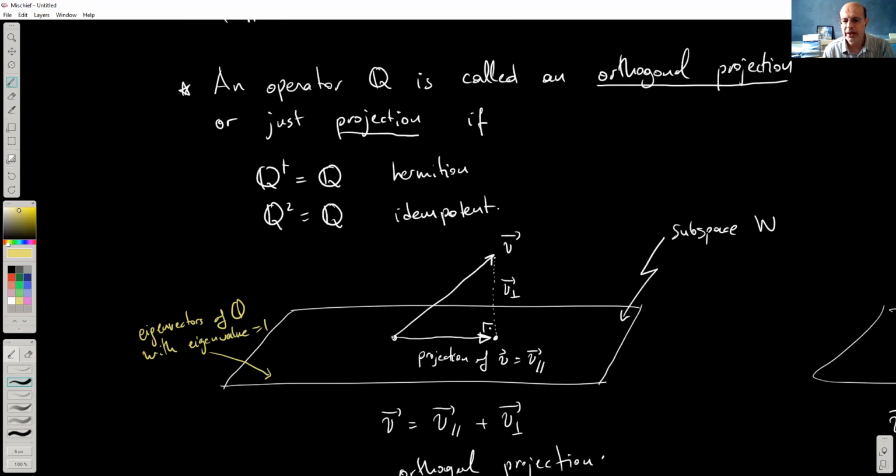Because whenever I project a vector on that subspace, by this process, I get the same vector, which means that the vectors are eigenvectors. Okay, but there's another subspace in here, that's the orthogonal complement, W perp. These are vectors which, when projected, just project to 0. And so these are also eigenvectors. So these are the eigenvectors of Q with eigenvalue 0.